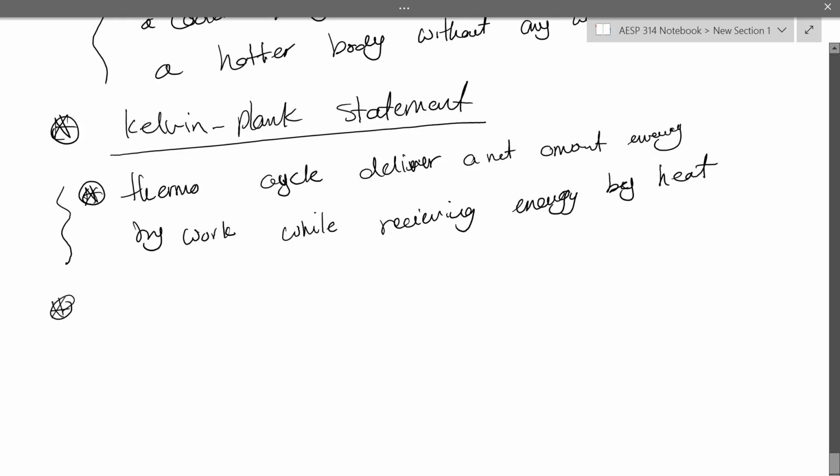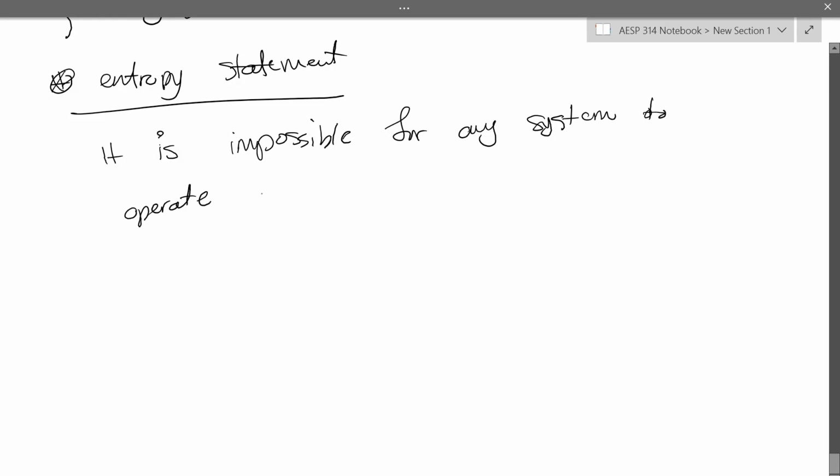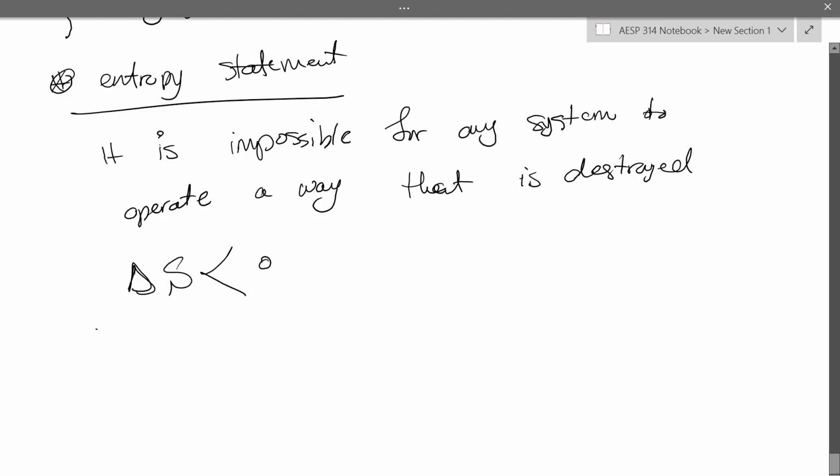And the last one is the entropy statement, which essentially says, this one is, I guess, the most theoretical one: it is impossible for any system to operate in a way that entropy is destroyed, which essentially means that it is impossible for delta S to be smaller than 0.